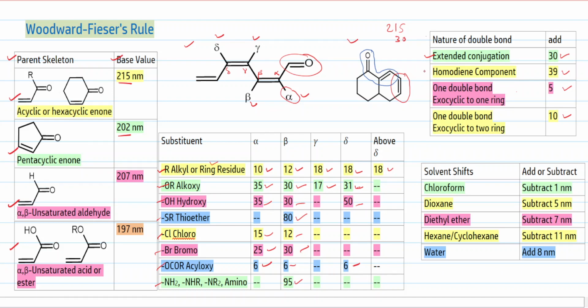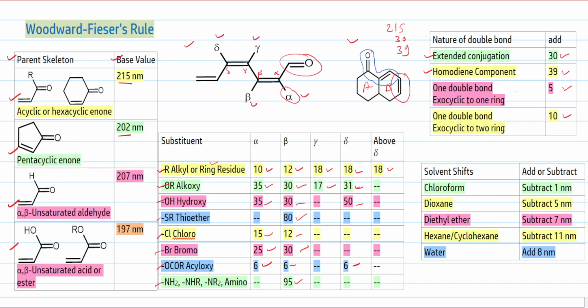Now, a homodiene compound means that two double bonds are present in the same ring and these two double bonds are conjugated. So in ring B, the two double bonds are present and they are conjugated. So this is the homodiene component in ring B. Therefore, we have to add 39 nanometer.